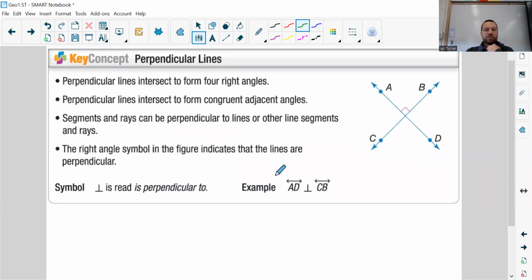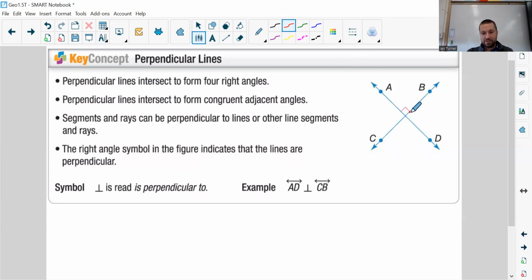Perpendicular lines intersect to form four right angles. 1, 2, 3, 4, okay? They intersect to form four right angles. And then they're all congruent, right? If you see one right angle, you know that they're all going to have to be 90 if they're in this, right?